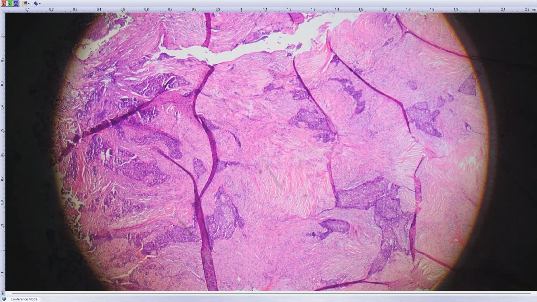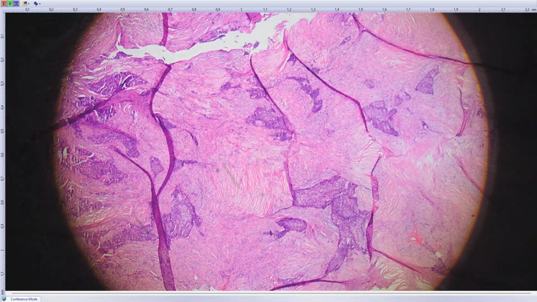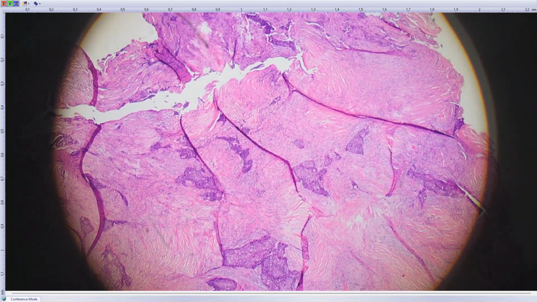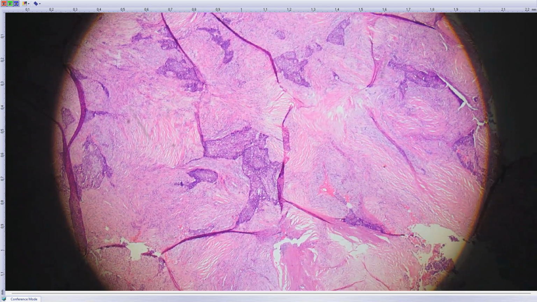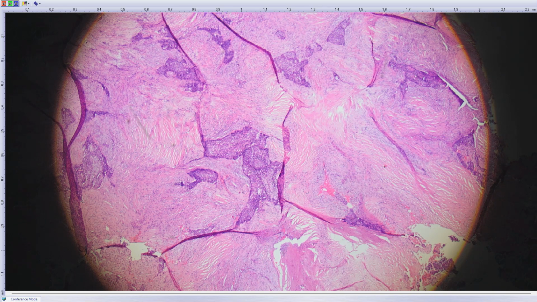There were 4 blocks. The best slide is this one. So you can see that there is epithelial infiltration within a very desmoplastic stroma.